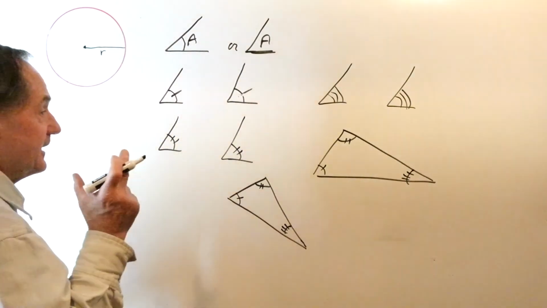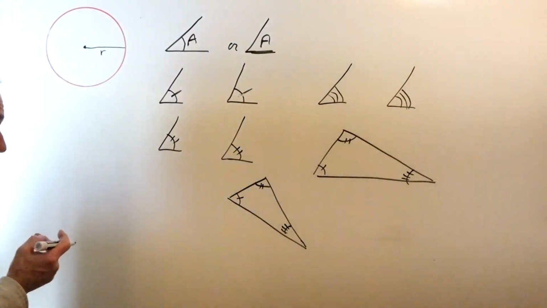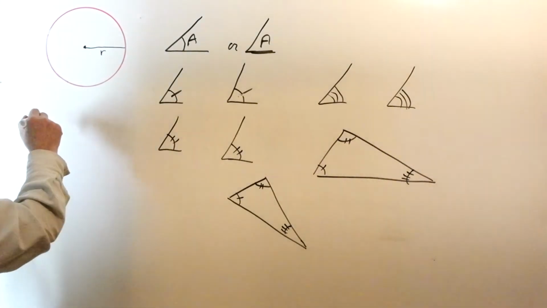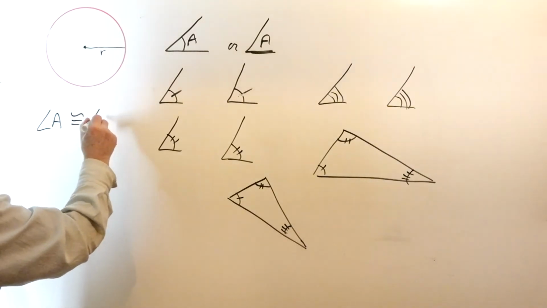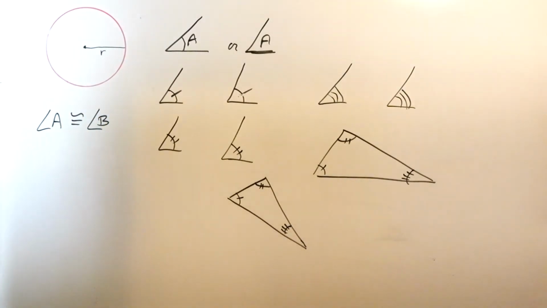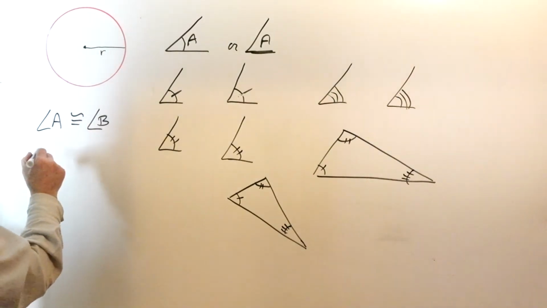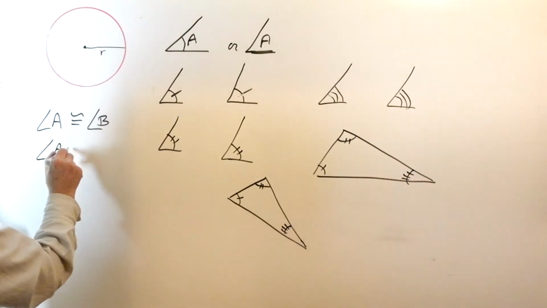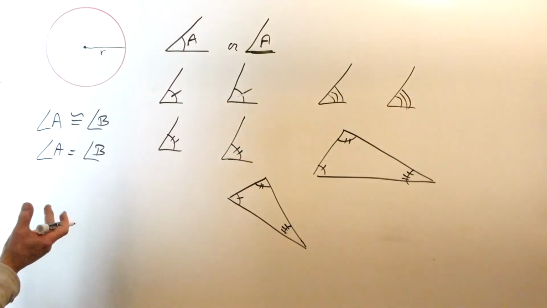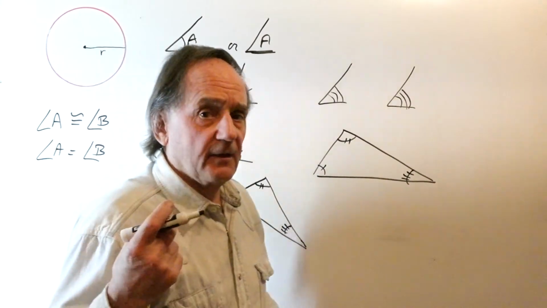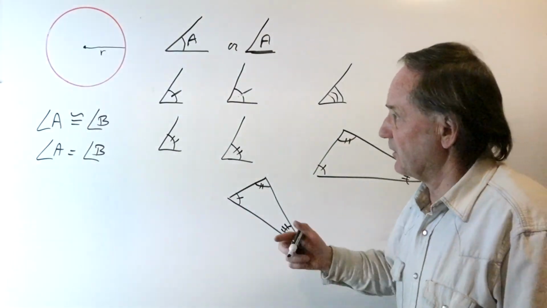Now, if 2 angles are equal in measure, we also call them congruent. That is, angle A is congruent to angle B if they're equal in measure. Or I will a lot of times just say angle A is equal to angle B, meaning that they're also congruent. That congruency means that they have equal measures.